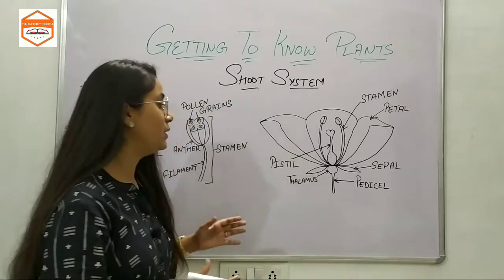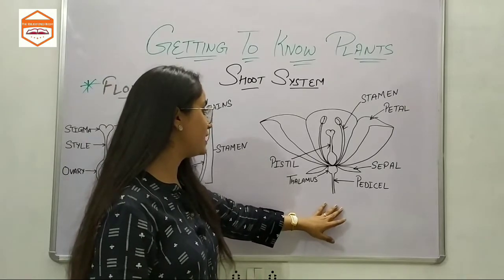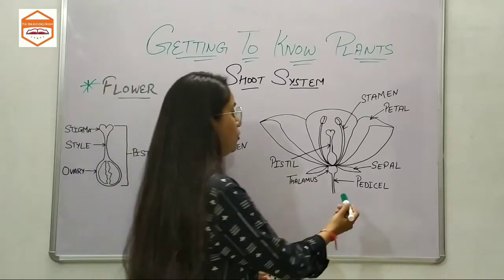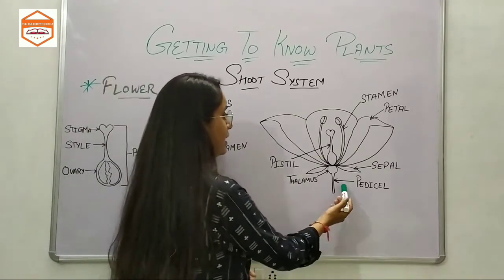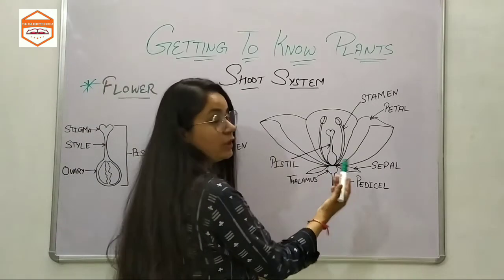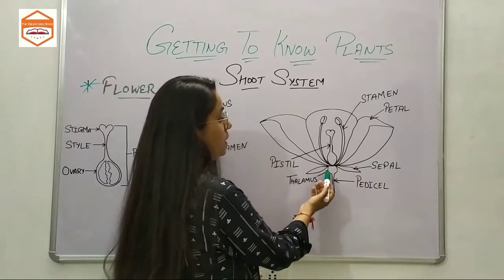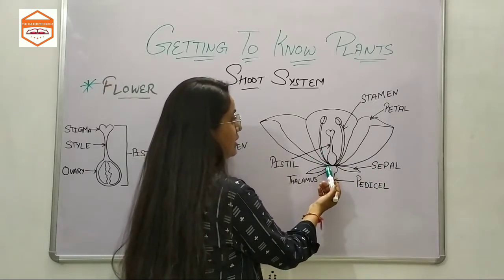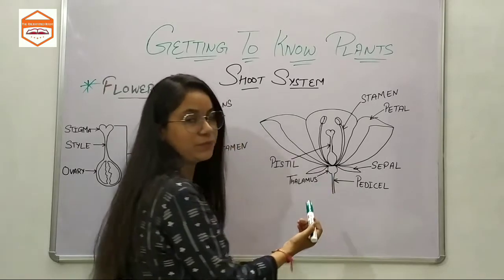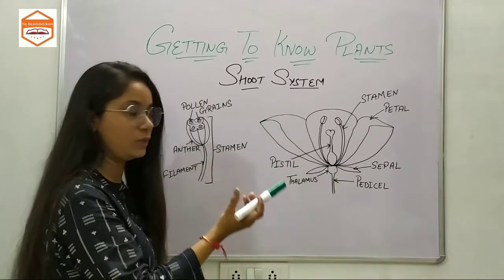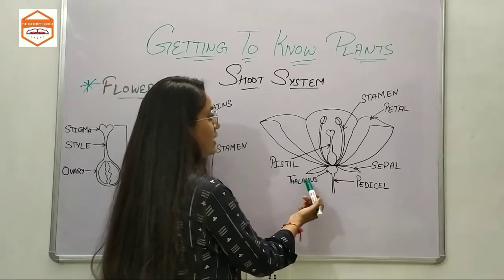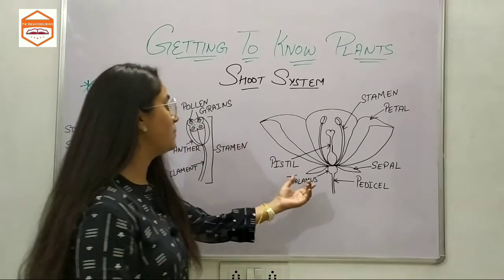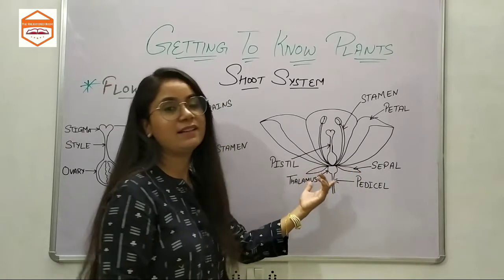Now the flower is attached to the stem of the plant with the help of a long stalk known as pedicel. When we move upwards, this pedicel is found to be a bit swollen at the upper part, and that swollen part of the pedicel is known as thalamus, and to this thalamus the sepals are attached.